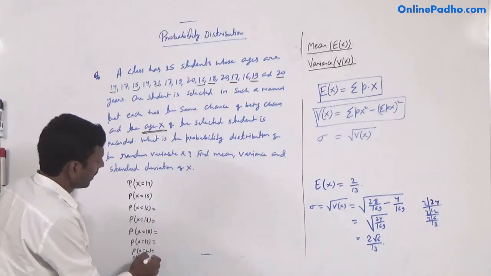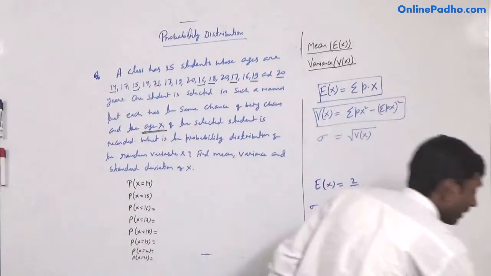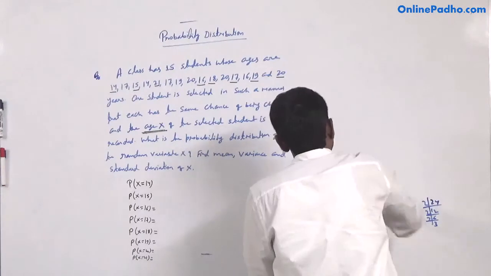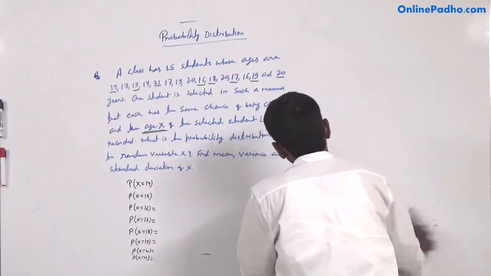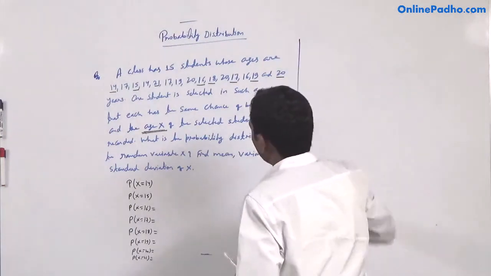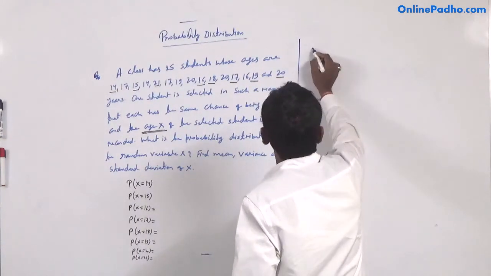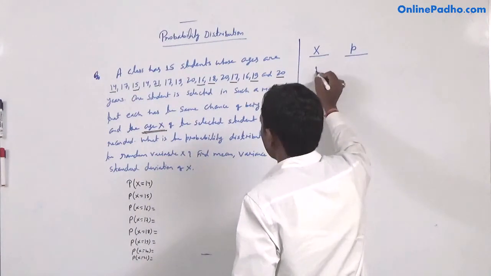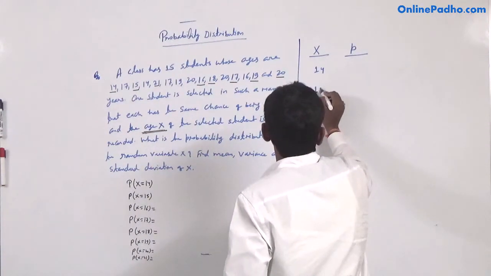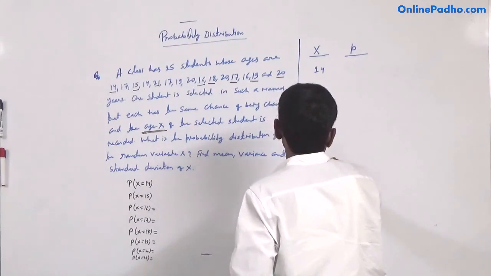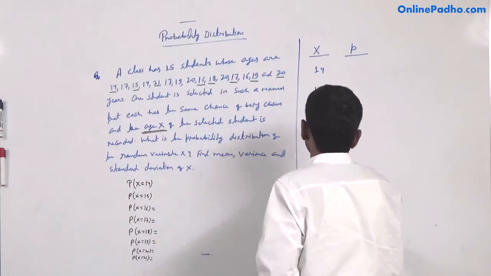So we have to find the probability of these random variables. Now, how can we find this? Let's see. We have to make two columns. Why? Because finally we have to find mean and variance and standard deviation. So we have to make two columns. X: 14, 15, 16, 17, 18, 19, 20 and 21.